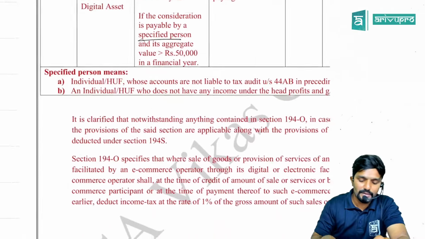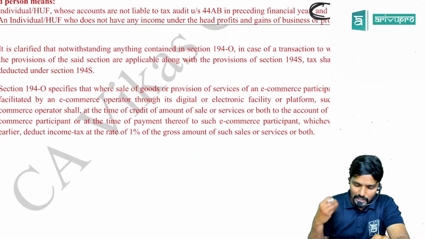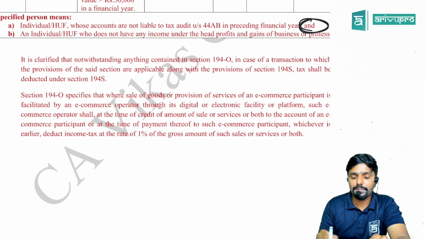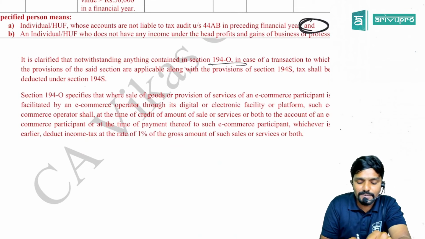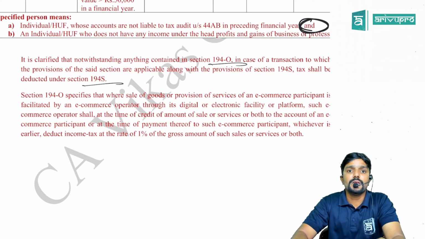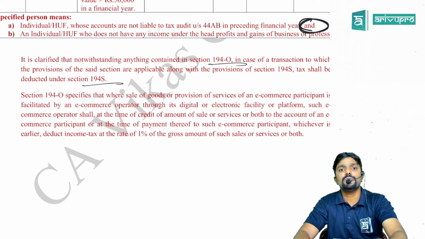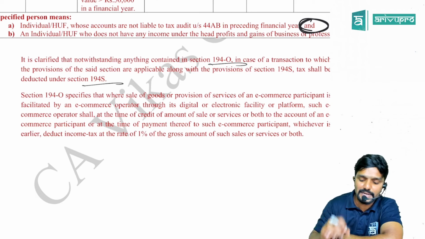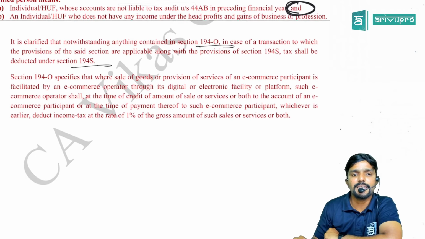Then, sir, for the same transaction, both 194O as well as 194S are applicable. Should we apply both sections or should we apply any one section? That is what the clarity is given here. Let us see.